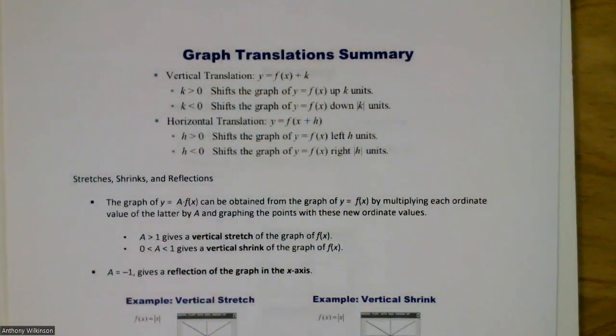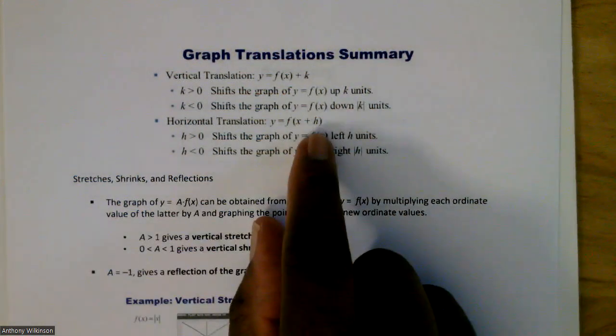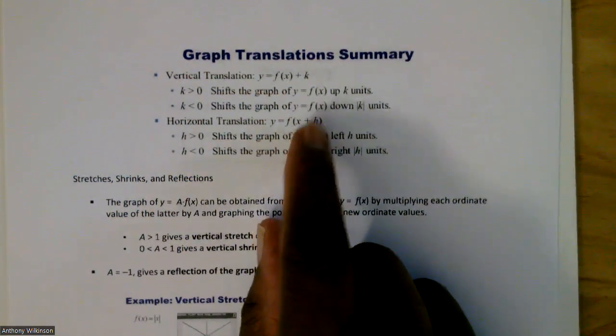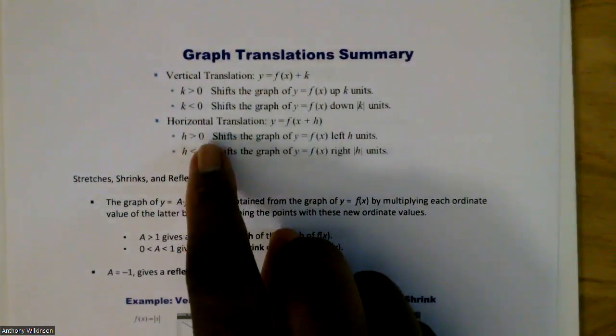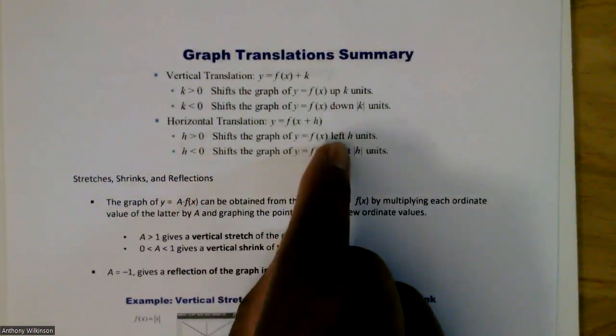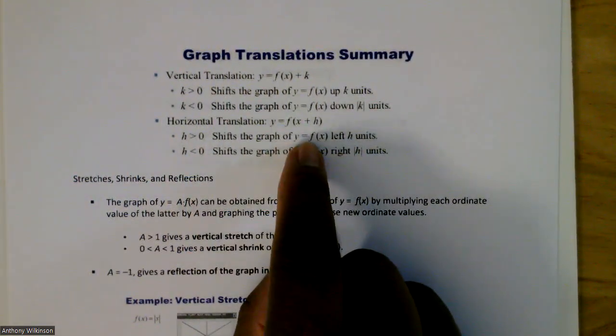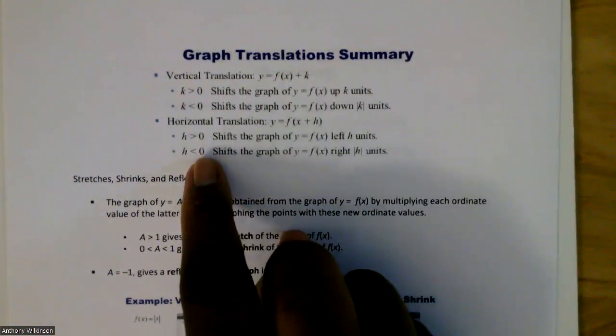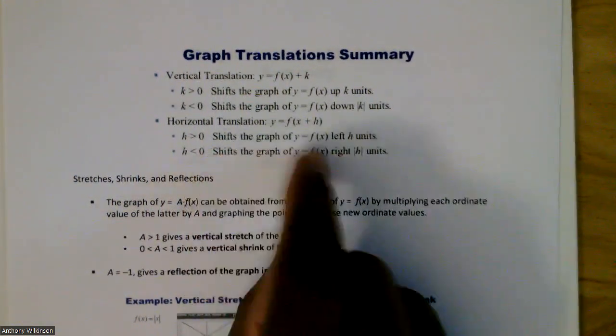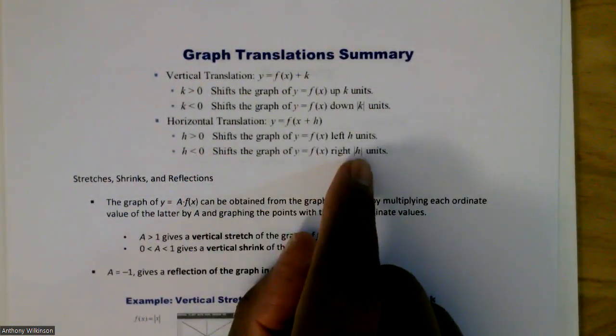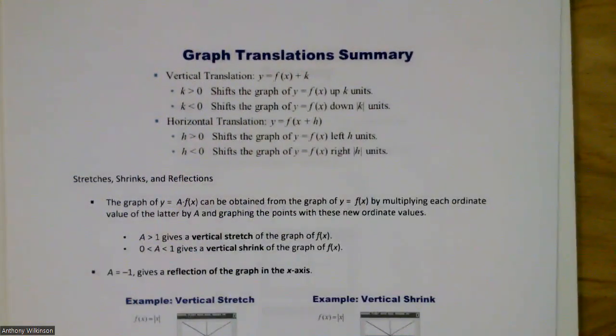Then for horizontal translation, here your h is inside the parentheses. That means you're going to do the opposite. So if h is positive, you're going to shift horizontally to the left h units. If h is negative, you're going to shift to the right the absolute value of h units. So do be familiar with that, okay?